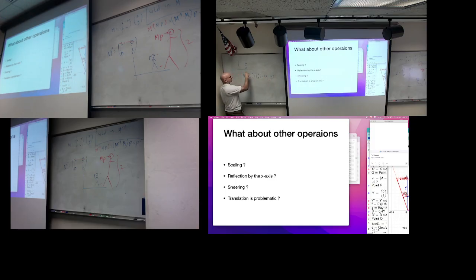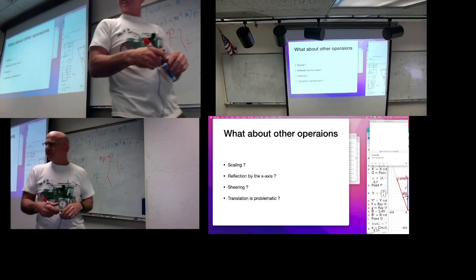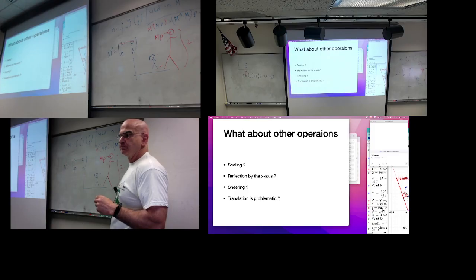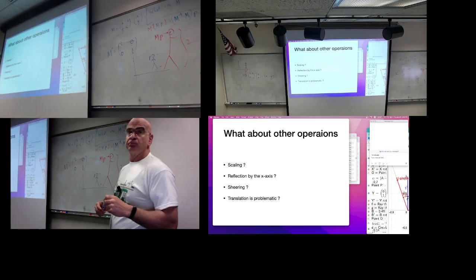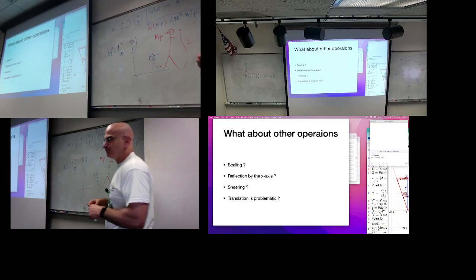That is reflection by the x-axis. Fair enough? Transform it to this person. And the inverse of this matrix? It's its own inverse. Just reflect twice.